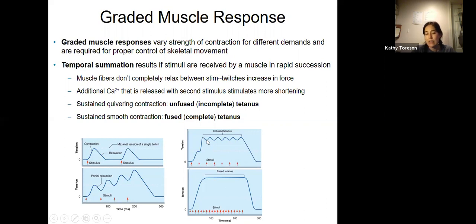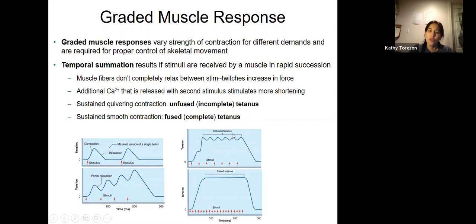But if the next stimulus comes before the muscle is fully relaxed, we see that tension is being continually generated as long as that stimuli keeps coming. But we still have a contraction, a slight relaxation in the muscle, a little bit more contraction, and then again a slight relaxation, this sort of oscillation here.